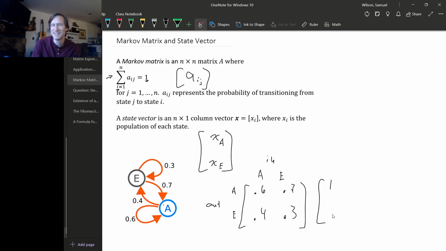Well, if we only had one token, one individual, I guess, that was either active or exhausted. If we have one individual that's active, what we're saying really is that the probability of the person being active is 1, because they're definitely active, not at all exhausted. If we multiply this by this transition matrix, what we get is a new state, but it's a state that might have decimal entries, right? 0.6, 0.4.